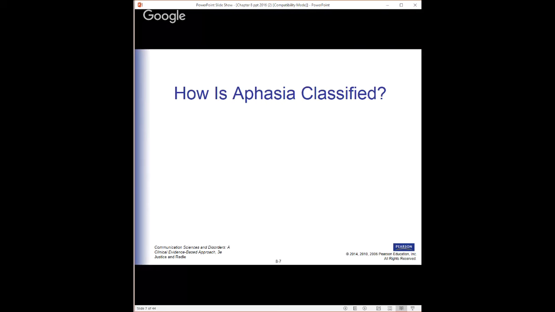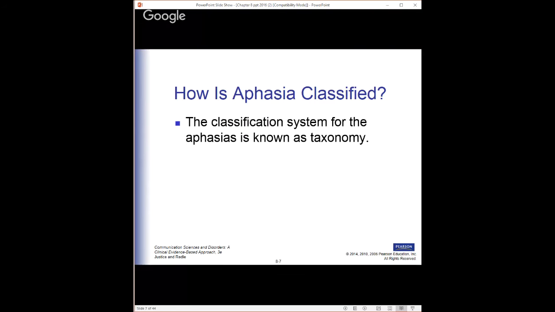How is aphasia classified? The classification system for the aphasias is known as taxonomy. It draws on those characteristics of aphasia that most differentiate disorders from one another in an approach similar to the way we might classify automobiles.